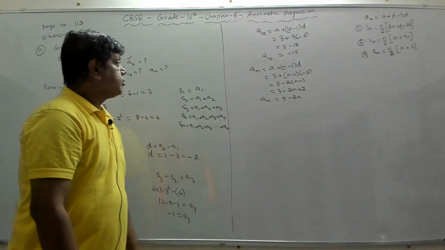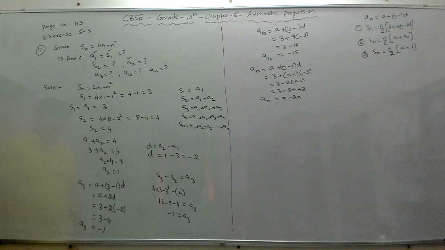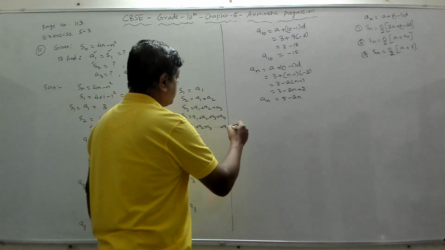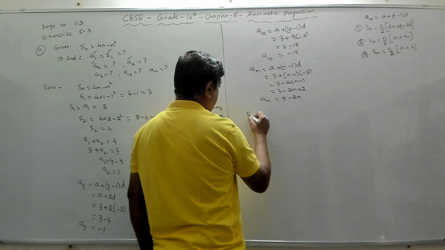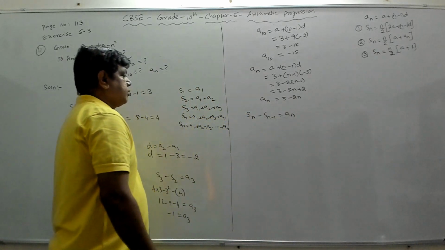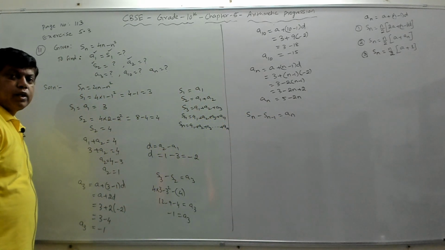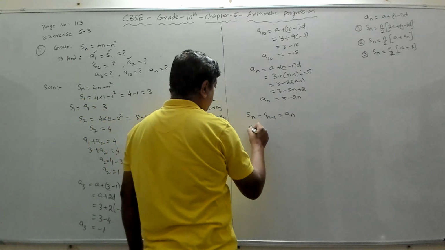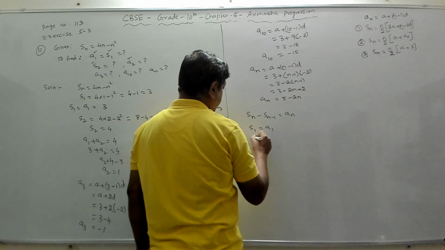Fine. So this is the general formula, and it can also be used. The general formula is Sn minus Sn minus 1 is An. Because if you observe here, we have S1 is A1, and S2 is this.